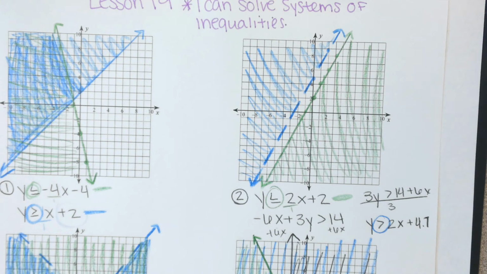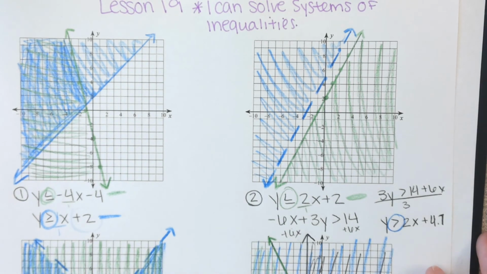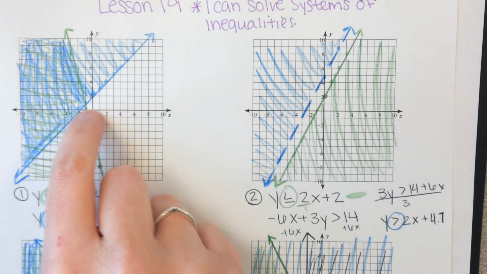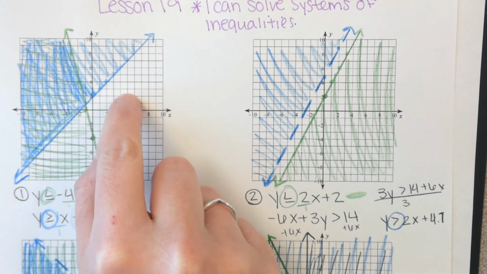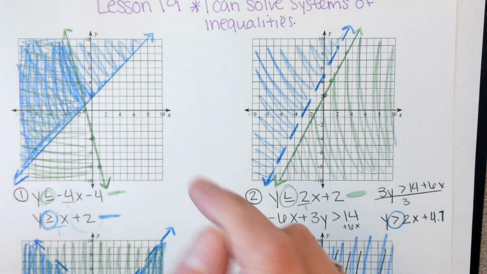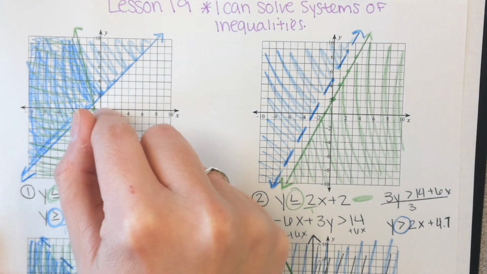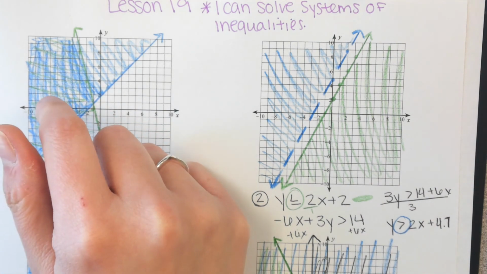So for example, if I asked you, is 5,2 a solution to this system? We would go to 5,2. Is it in the shaded region? No. Okay, what about, is -8,3 a solution? So we'd go to -8,3. Is that in the overlapping region? Yes. So that would be a solution.